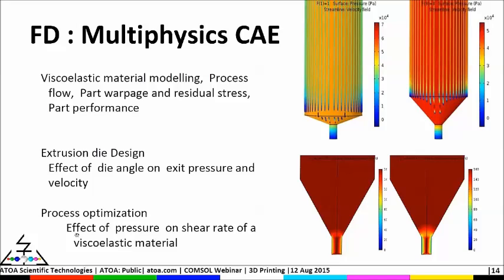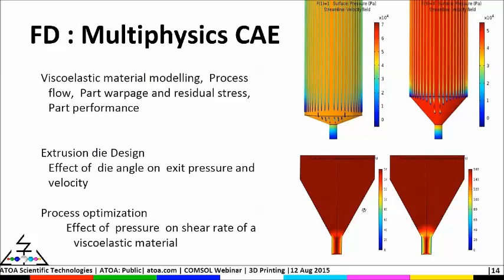The bottom right shows the optimization results. This mainly studies the effect of pressure and shear rate of a viscoelastic material, for a given die geometry and process parameters. This study shows the effect of material property on performance, using a viscoelastic material model.